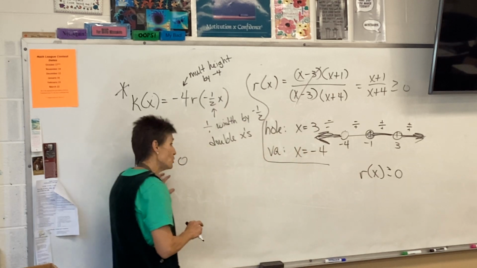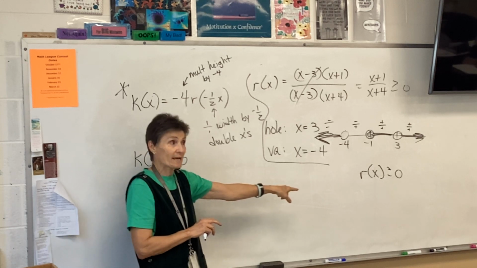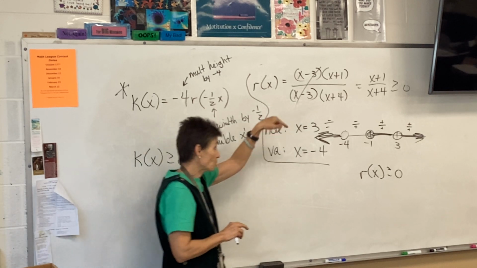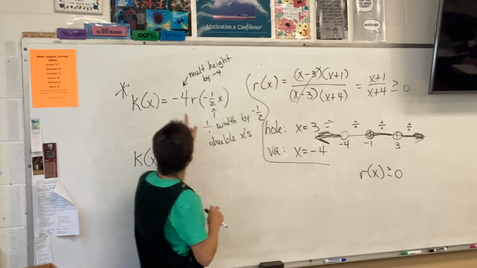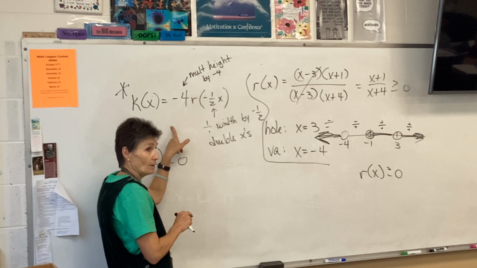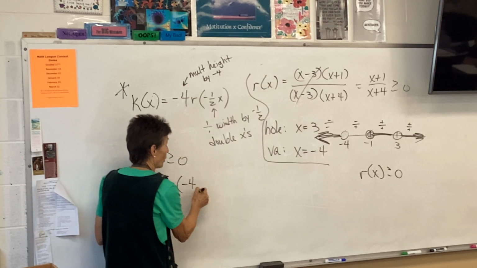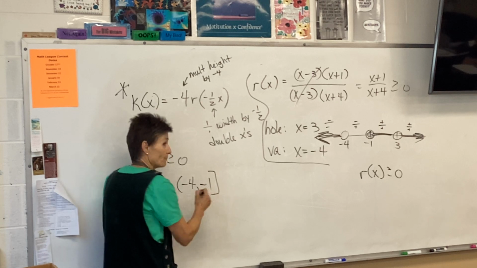But if I want the new one to be positive, don't I really want to know where that one was negative? Because where that one's negative, this one will be positive. Okay, so the interval I'm looking at is from -4 to -1.